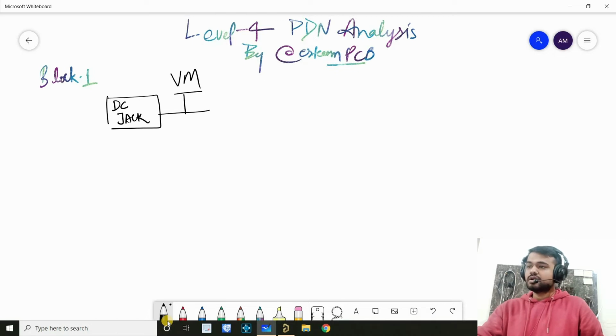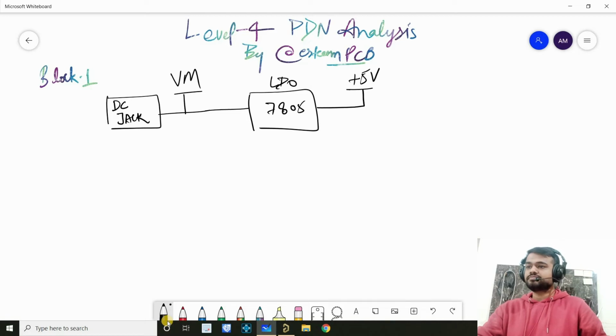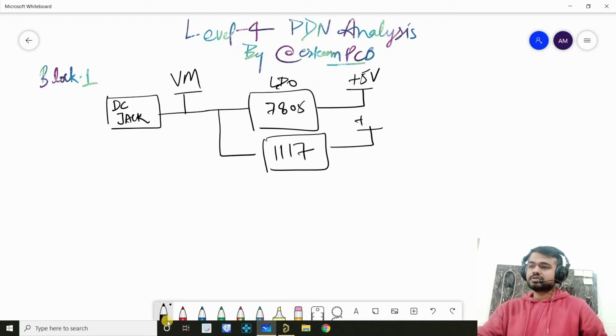Now it is connected to 2 regulators or LDOs, which are 7805, which will give us plus 5 volt, and 1117, which will give us plus 3.3 volt. Now this VM is further connected to the motor driver. So here we'll mention, like we did before, DRV plus MOSFET.